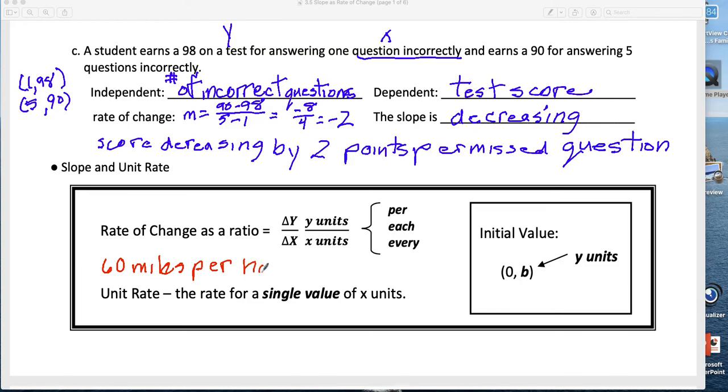So let's walk backwards then. All right, 60 miles is going to be y. So up here, this would be 60 miles. Under here, per hour says I've got 1 hour.